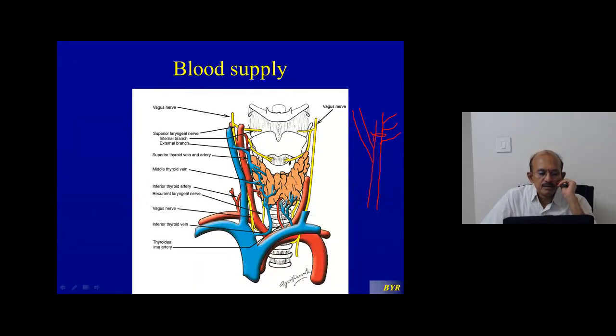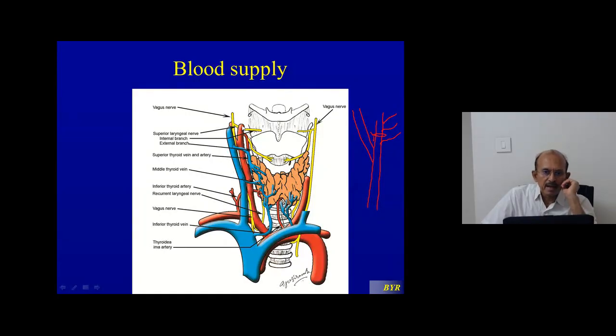What is the nerve? Yes, it is the external laryngeal nerve. A branch from the superior laryngeal nerve. This is the vagus nerve. The vagus nerve gives off the superior laryngeal nerve, a short branch.